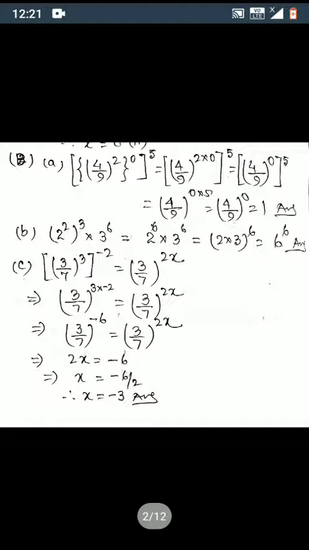You know that 2 multiply 0 is 0. So 4 by 9 raised to the power 0 whole 5. So 4 by 9 raised to the power 0 multiply 5 equals 4 by 9 raised to the power 0. That is 1, because you have learned that if x is any non-zero rational number, x raised to the power 0 equals 1.